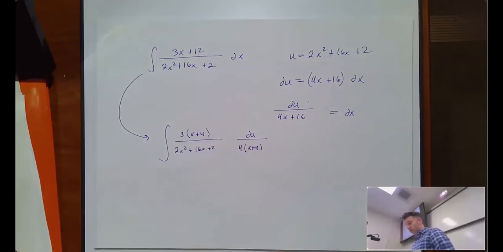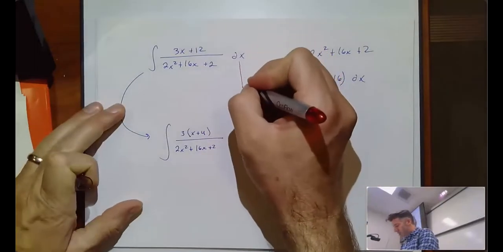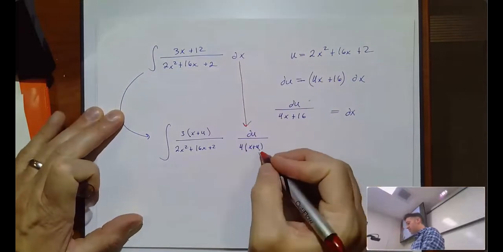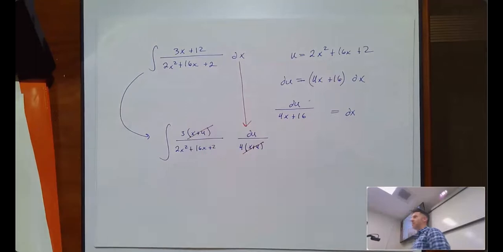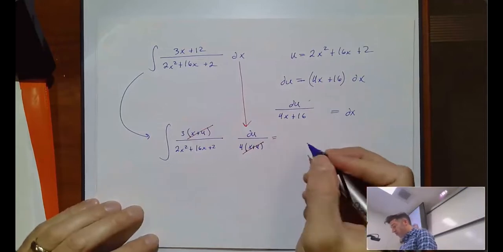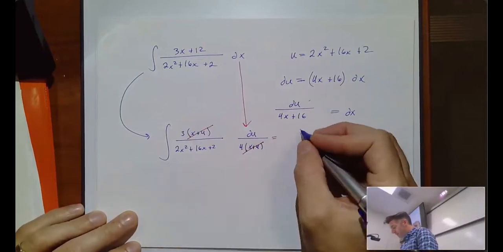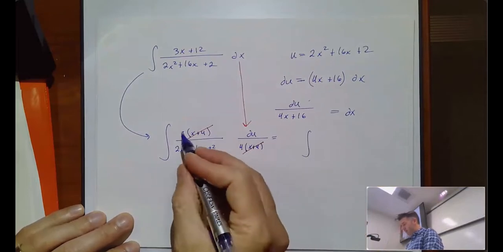Like always, when you replace dx with du over some stuff, your goal is to make not all the stuff, but definitely the variable stuff cancel out. If it's not canceling out, you're probably not going to be able to complete the u substitution this way, or maybe at all.